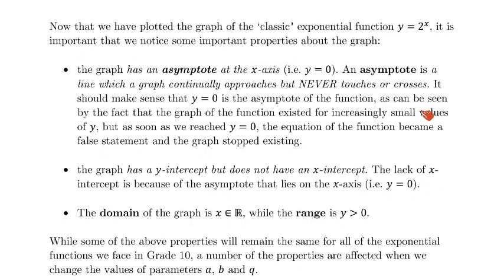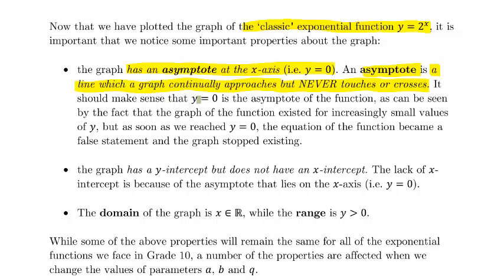Now that we have plotted the graph of the classic exponential function y equals 2 to the x, it is important that we notice some important properties about the graph. The graph has an asymptote at the x-axis, i.e. y equals 0. And as we should already know, guys, an asymptote is a line which a graph continually approaches but never touches or crosses.